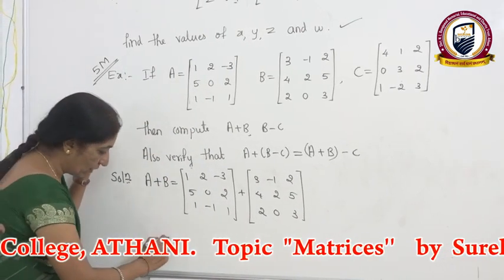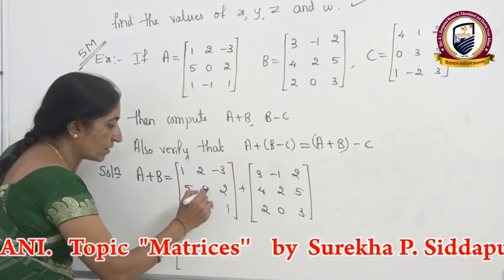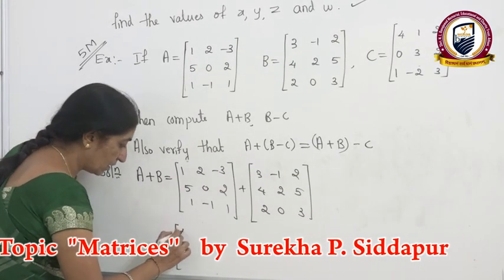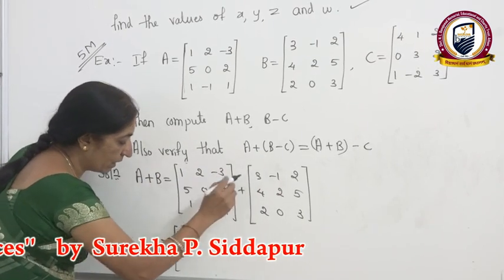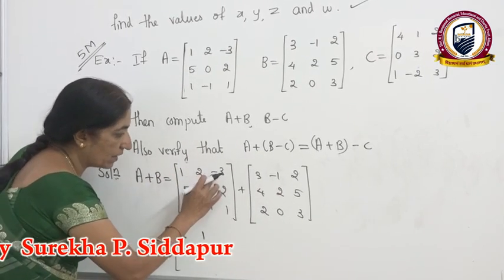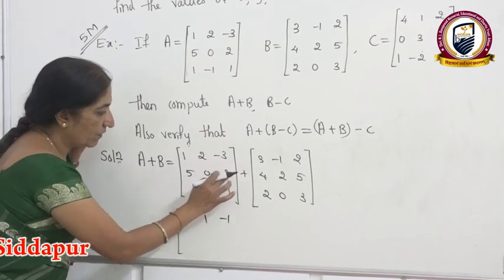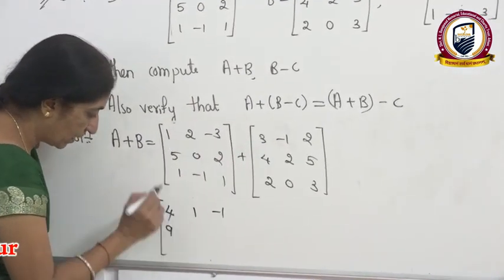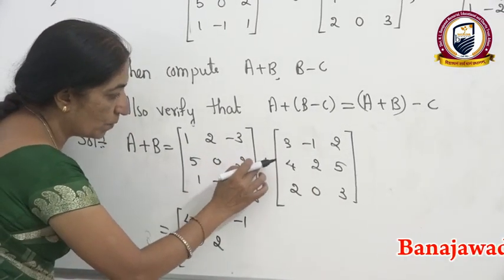So shall we write the values directly? Add the corresponding elements. See, 1 plus 3, 4. 2 plus into minus is minus. 2 minus 1 is 1. Minus 3 plus 2, minus 1. 5 plus 4, 9. 0 plus 2. 2 plus 5.